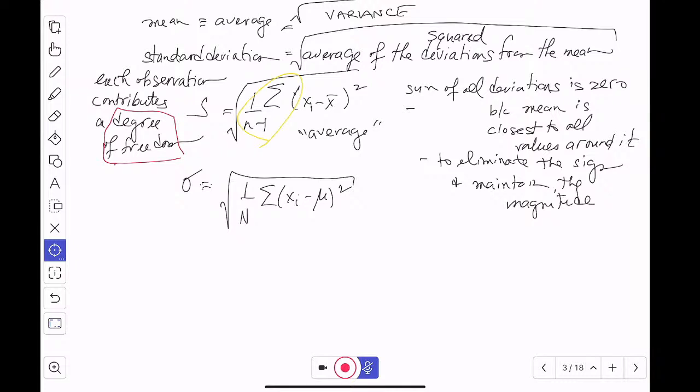All right, so this is the explanation, kind of short, kind of long. I have to take the square root at the end because I squared all the values here. And when you square all the values, you also square the units. So in our case, we're looking at hits, right?